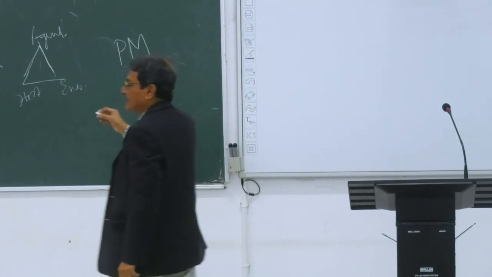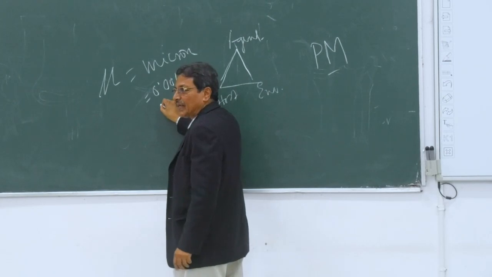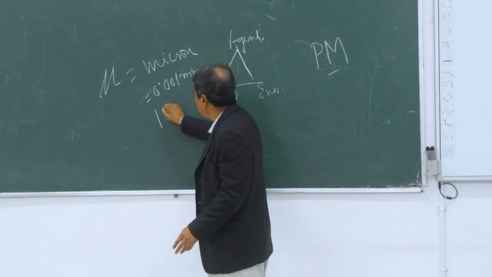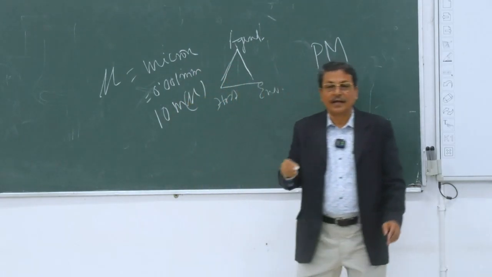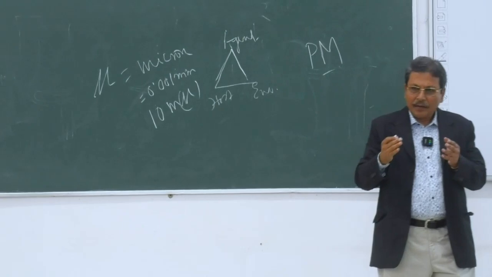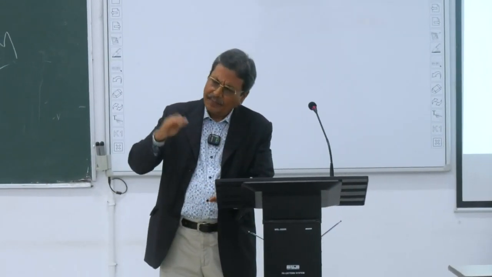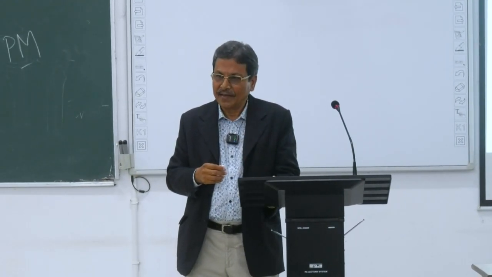So it is said that particles more than 10 microns, most of them settle out. But particles of 10 microns or less enter your respiration, right?